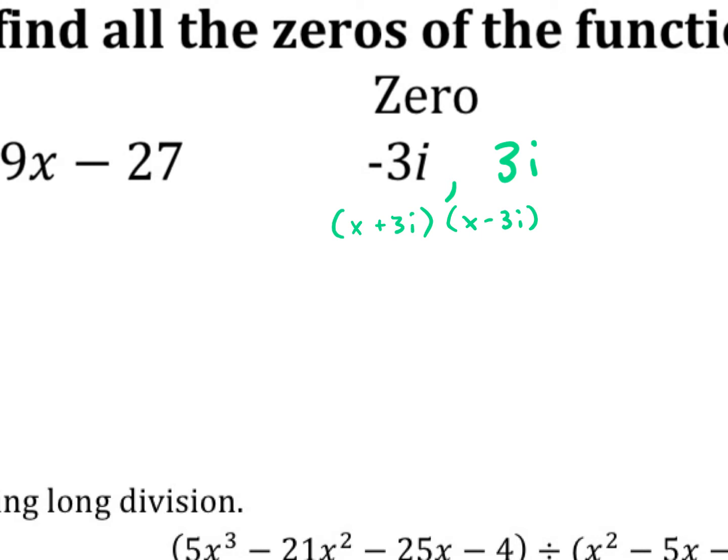So I can FOIL these out as x squared minus 3i squared minus 9i squared. The i squared becomes a -1, so it becomes plus 9. So this is x squared plus 9. So this is a factor of my polynomial.